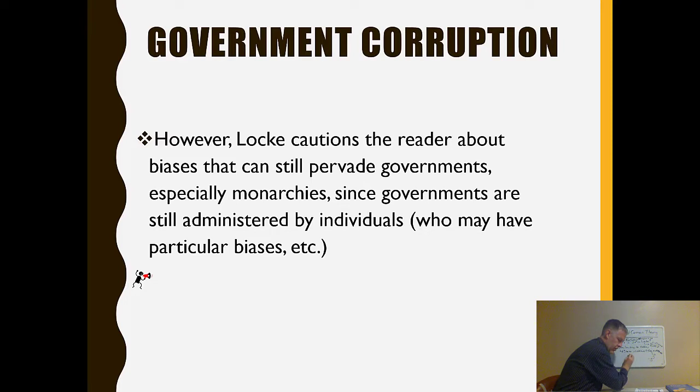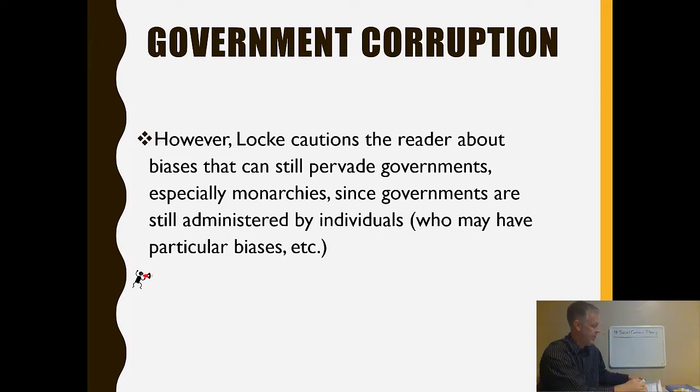Okay, and this is what's interesting. I mentioned this before, that for Hobbes, it's almost as if any social contract, and concomitantly any government, is preferable to the state of nature. But Locke actually emphasizes the opposite. He says, look, we're better off back in the state of nature than we are under some tyrants.